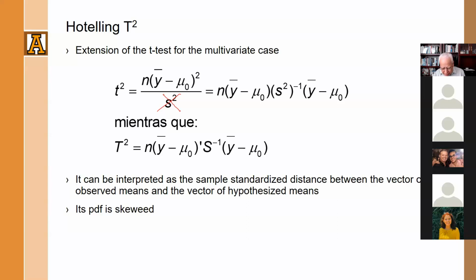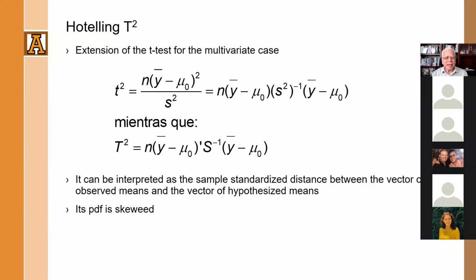That's why we divide by s squared to standardize. This distance is in terms of standard deviations, because the variance will impact how large the distance between y bar and mu is, whether the variance is large or small.